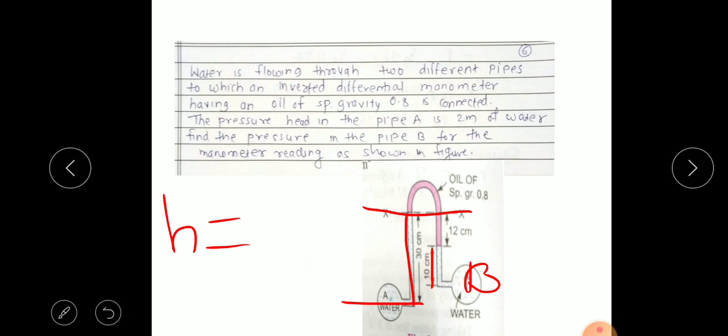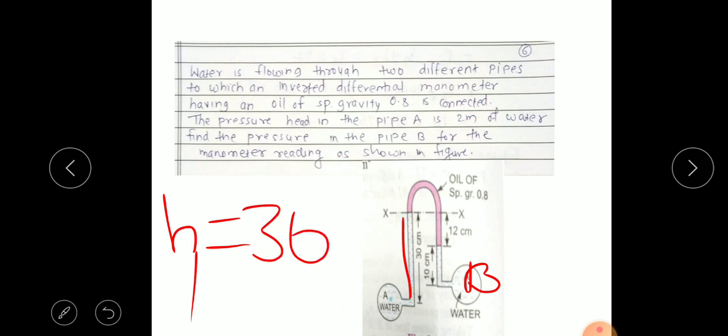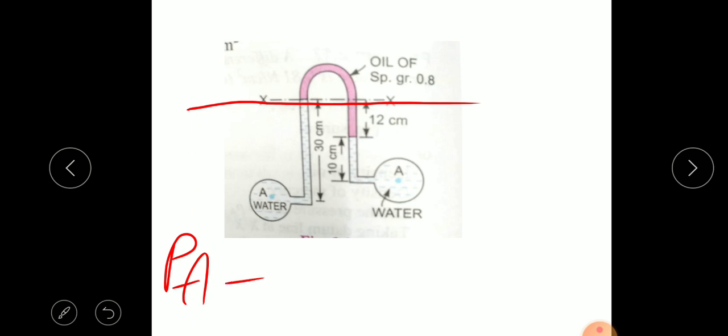Again we can consider h1 is equal to 30 centimeter, where water is flowing, and on the right side the fluid distance is 10 centimeter. So again writing the pressure balance equation for the datum line XX, it will be PA minus the pressure because of this liquid column.